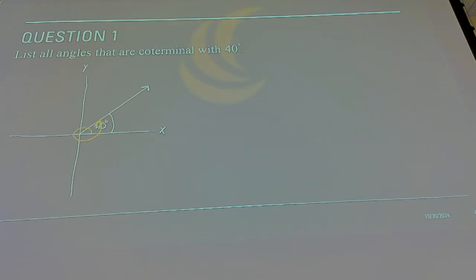How'd you get 400? Then all we do is just rotate that ray 360 degrees, one full revolution of a circle.